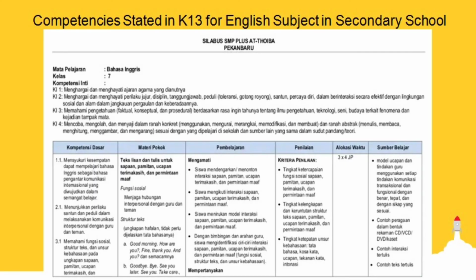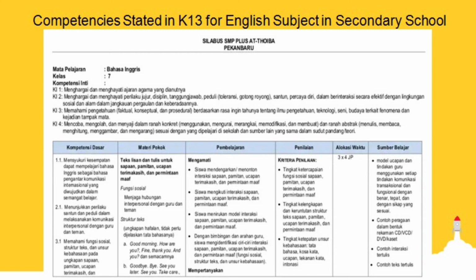For the last is part 4, competencies stated in curriculum 2013 for English subject in secondary school. This is my example of the syllabus for junior high school. The name is Plus Atoiba Pekanbaru, and the course is English for 7th grade.